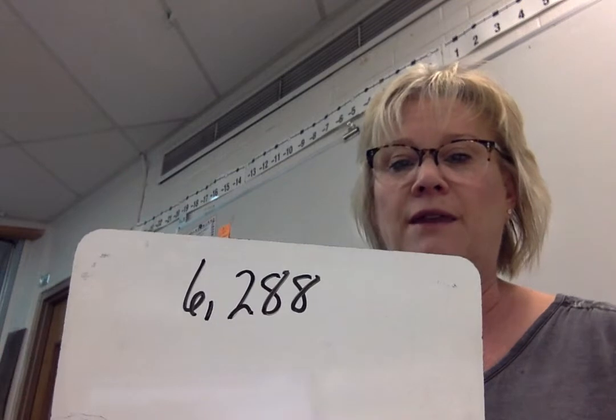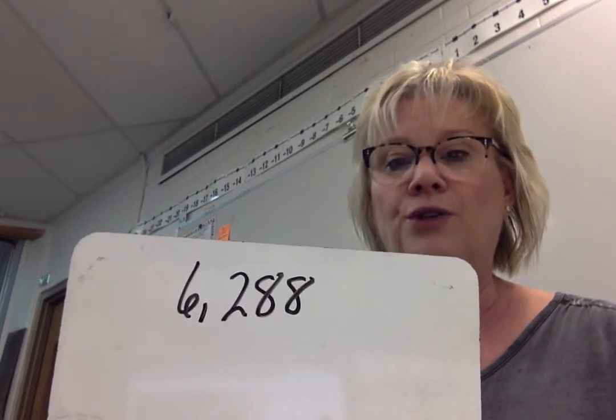Okay, now I want you to get your scrap paper and you're going to start writing with me. So if you need to pause, go ahead and pause, and then you can continue on with our lesson. So the number that you're going to write with me this time is 6,288. So it's going to look just like this.